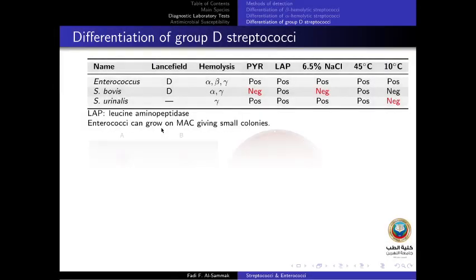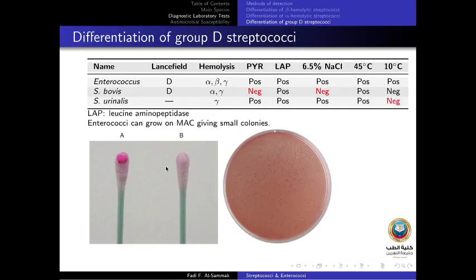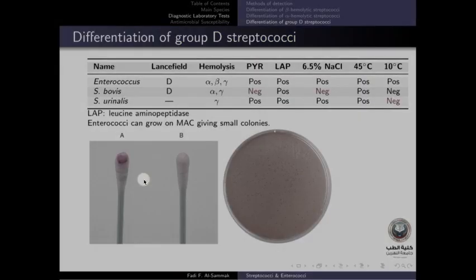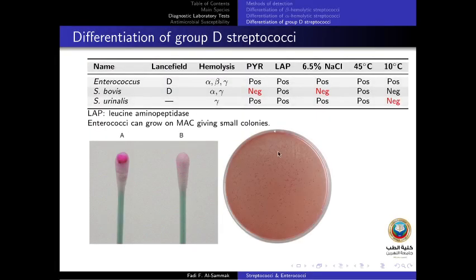This image shows the lab test, and this is positive. This one is negative. And this agar plate is the MacConkey agar. It is, as you know, selective for gram-negative microorganisms. However, because Enterococcus is resistant to harsh conditions, it can also grow on MacConkey agar, giving small colonies.